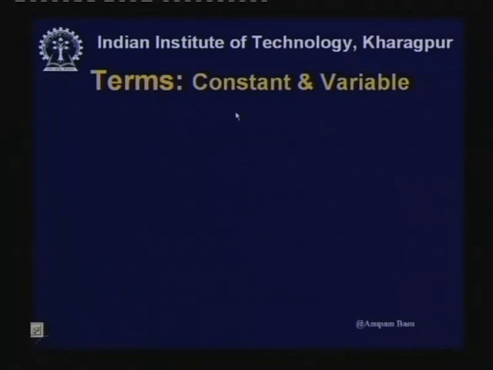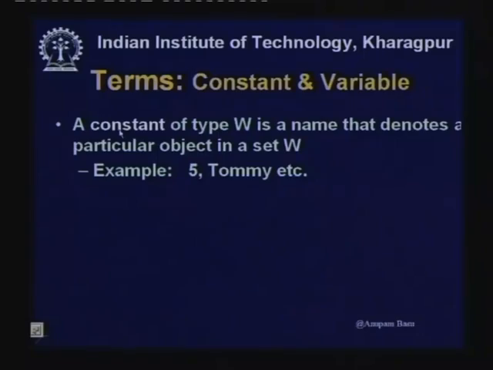Now, terms in this case can be constants as well as variables. In propositional logic, there were only constants. Here, a constant of type W, any type, is a name that denotes a particular object in a set W. Let us try to understand this. When we are talking of a type of objects, that is a set of objects of a particular type. When I say a constant, I am pointing at an individual object of that set.